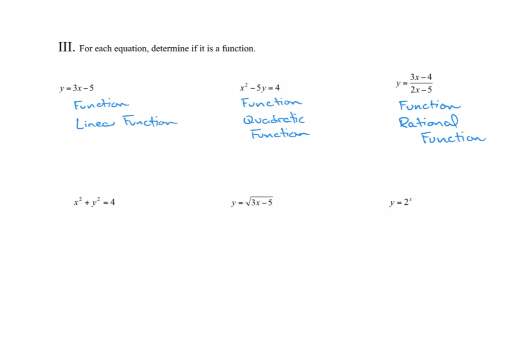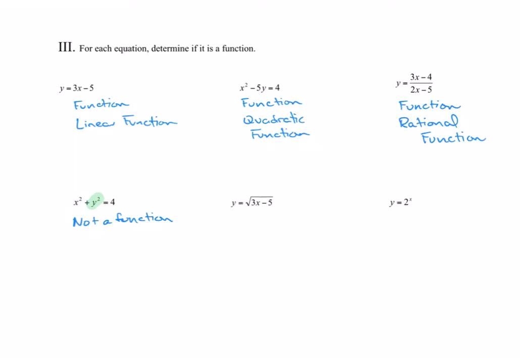Okay, on the bottom, we have x squared plus y squared equals 4. Now this is not a function. If you graph this, it actually is the graph of a circle. So what makes this not a function? What's one of the things we want to look out for?